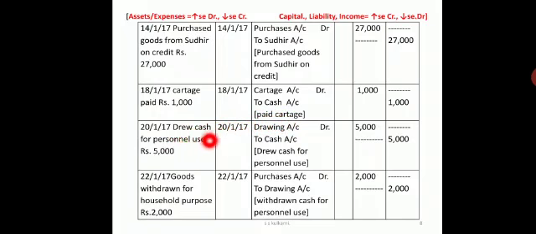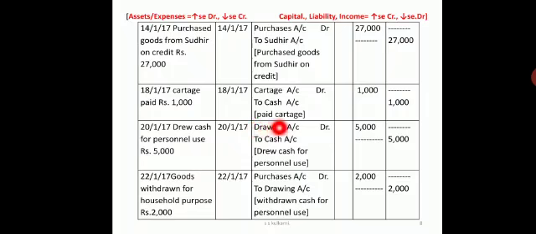Next, drew cash for personal use. Now whenever I am drawing cash for personal use, that means it is for private use of the proprietor. You are making it for your private use. So when such private use or personal use comes, the word is treated as drawings. So drawings account is reducing my capital.